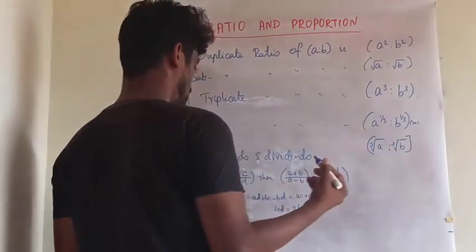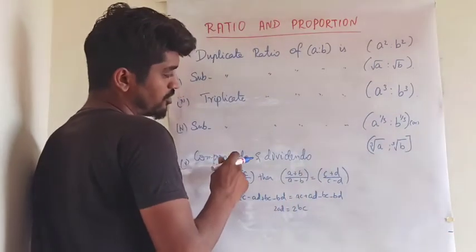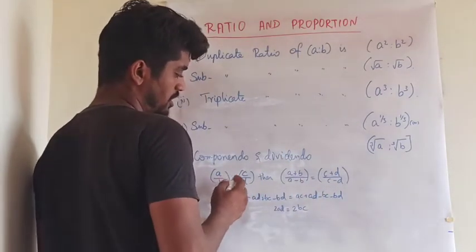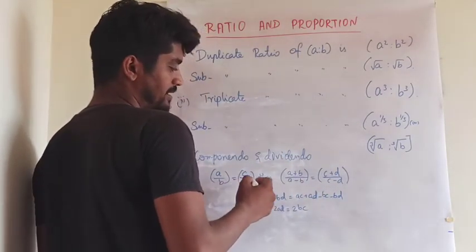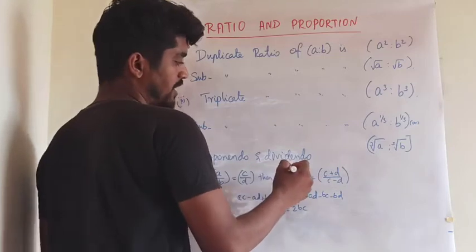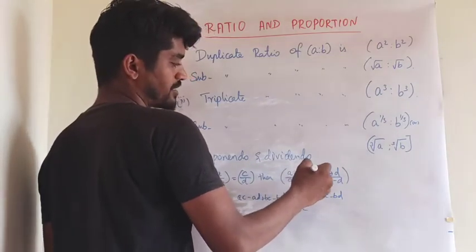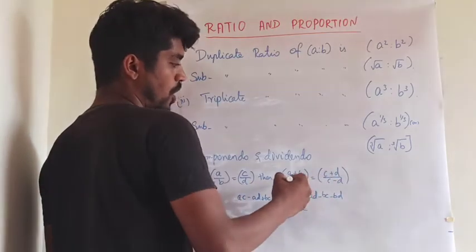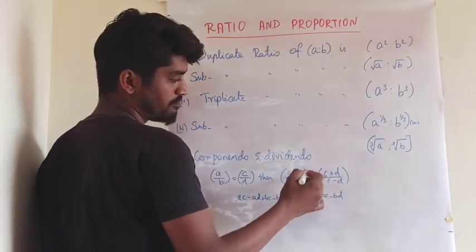Then componendo and dividendo: if A by B is equal to C by D, it can be written as A plus B divided by A minus B is equal to C plus D divided by C minus D. How it comes is, we have to simplify this.